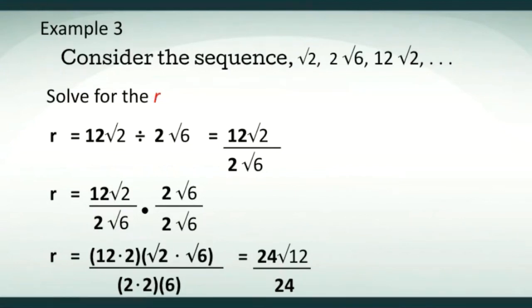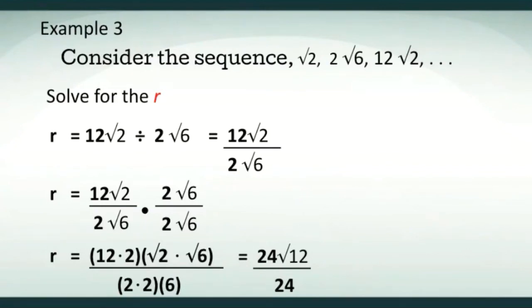Is 36 a perfect square? Yes. And what is the square root of 36? 6. That is why we solve it already. Instead of writing square root of 36, we just solve it right away and get 6.